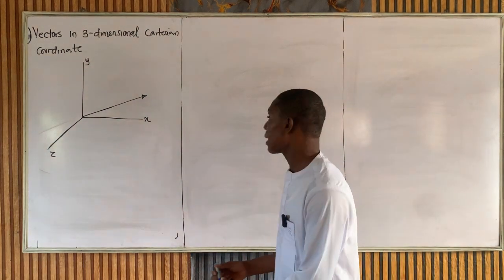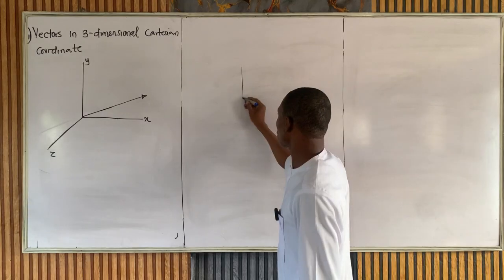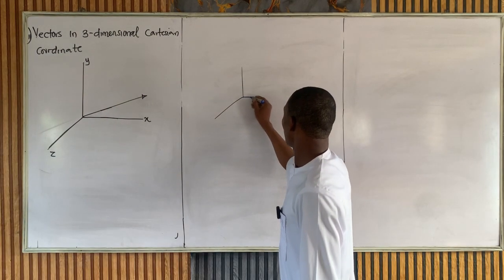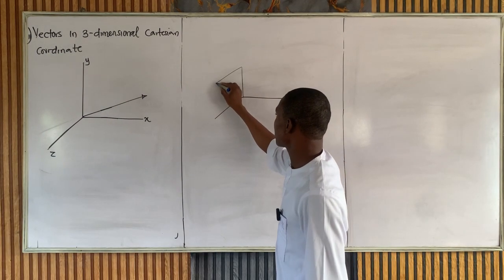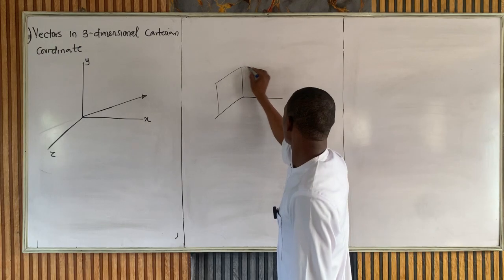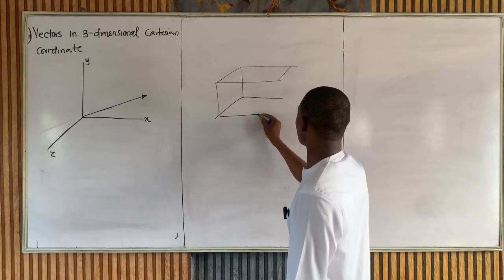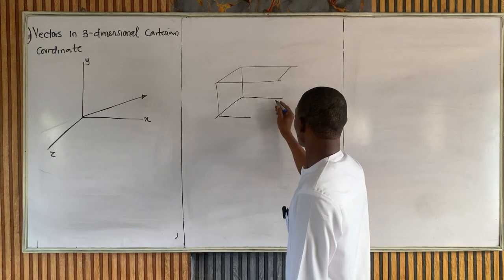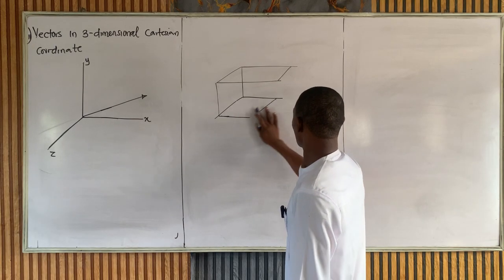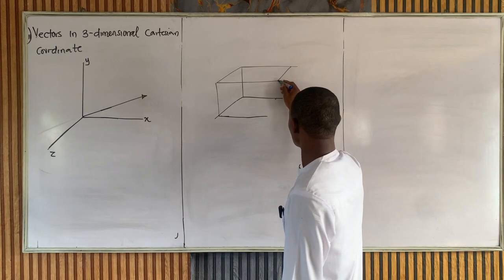Vectors in 3-dimensional Cartesian coordinates. This is like the edge of a box. A box will look somewhat like this, and then it goes like this, and like this.